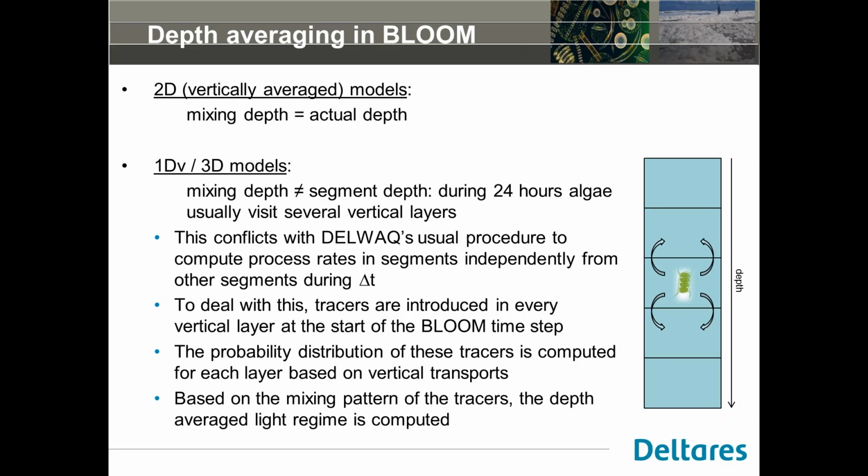To deal with this, tracers are introduced in every vertical layer at the start of the Bloom time step. And the probability distribution of these tracers is computed for each layer based on the vertical transports, and based on the mixing patterns of the tracers, the depth-averaged light regime is computed.